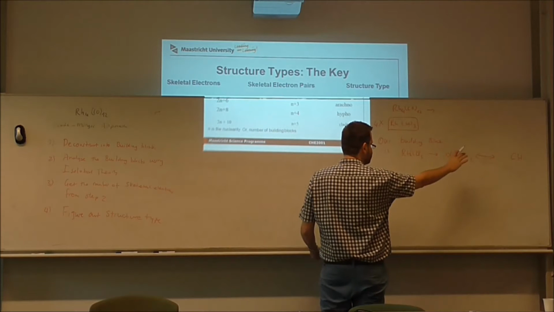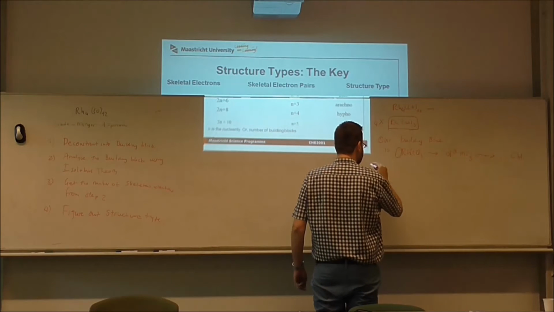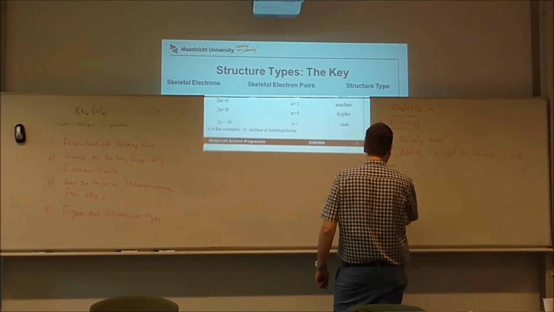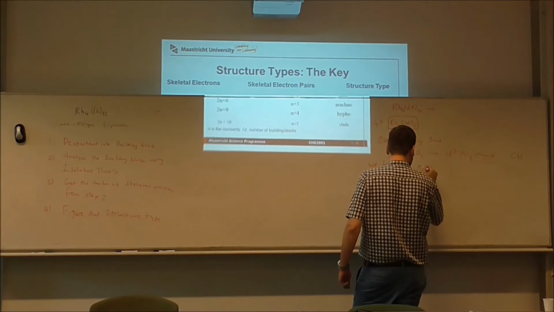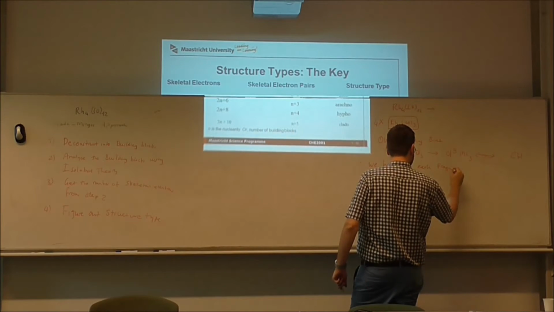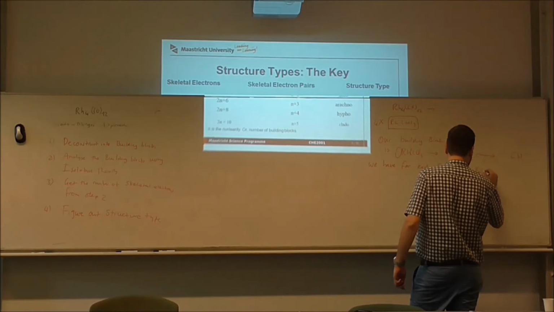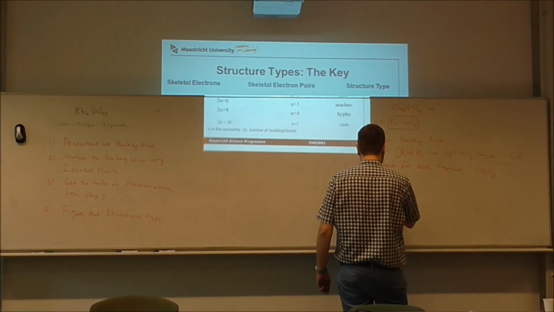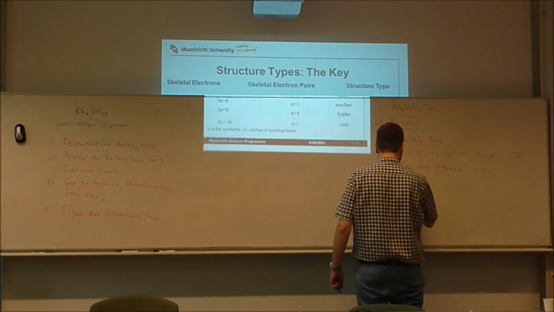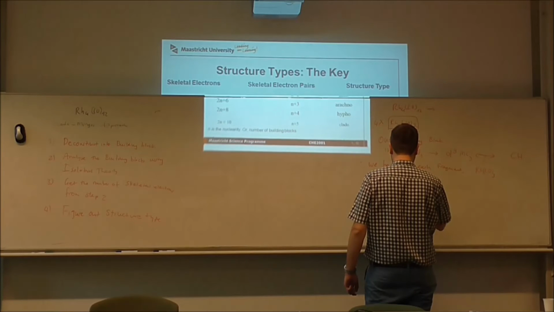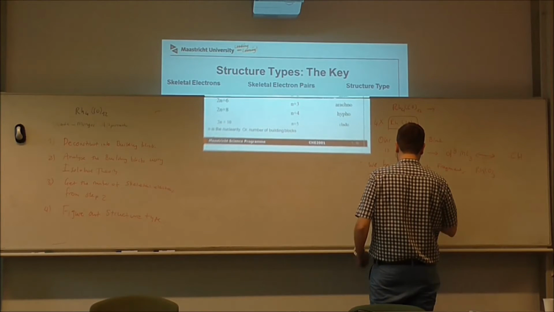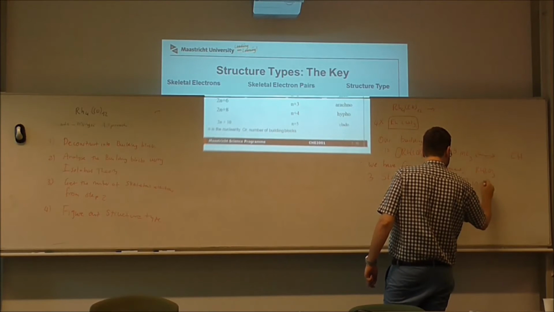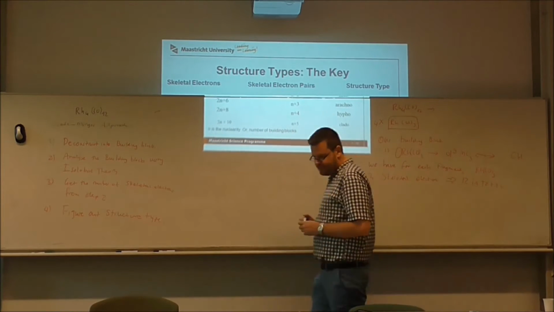So from this analysis, we conclude that for each Rh(CO)3 fragment, we have 3 skeletal electrons. In total, 12. Now that's the point.